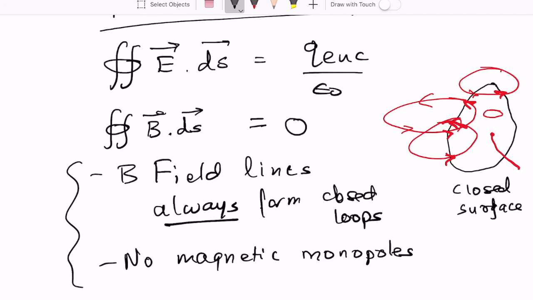There also don't seem to be any in the galaxy, or in space anywhere. So it just seems that magnetic monopoles don't exist anywhere, and it's a very strange mystery why they don't exist. It's just an experimental fact that they don't exist.